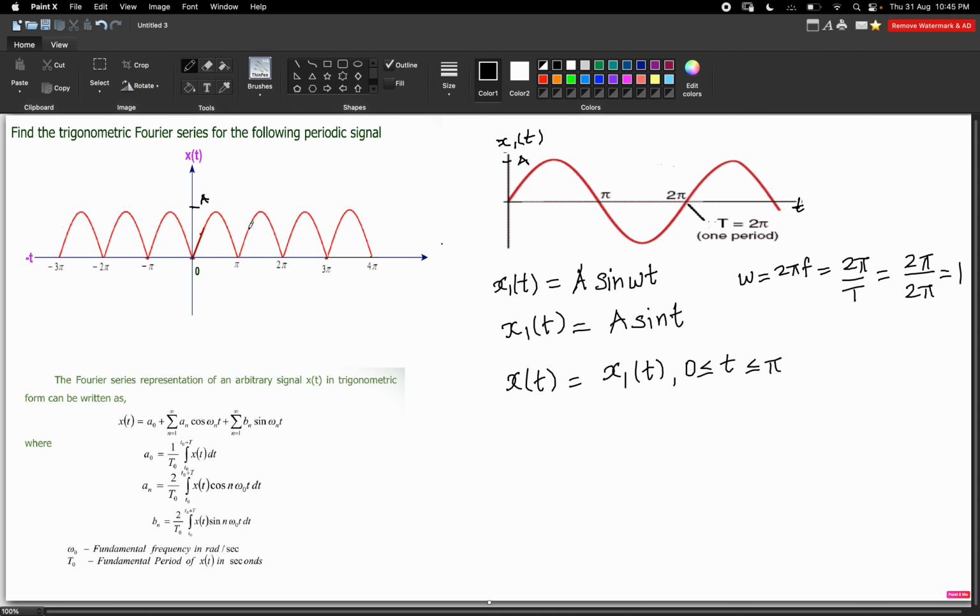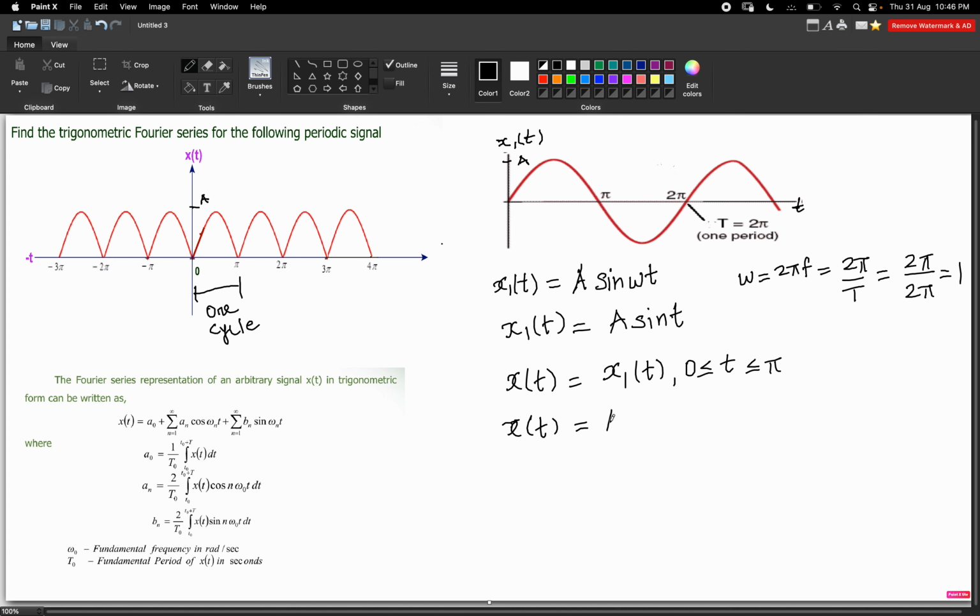So this portion only is continuously repeating and forms the entire waveform. Here this portion is considered as the cycle for this waveform. So this is one cycle. The x of t needs to be calculated for one cycle. So here I am just replacing the x1 of t by the calculated term.